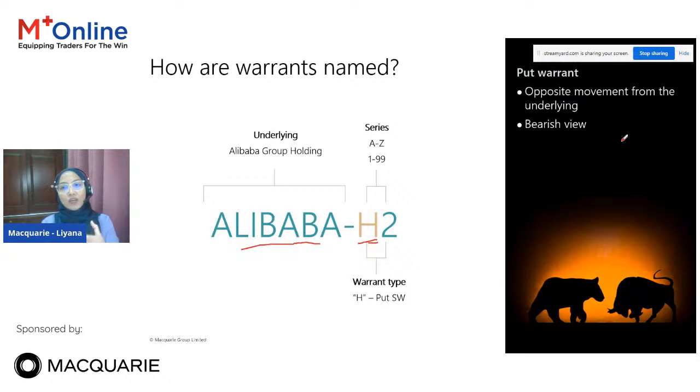Jadi this is why put warrant ada dekat Bursa Malaysia, so that bila market tengah jatuh ataupun sesuatu syarikat tersebut tengah jatuh, okay, so you can make profit whenever market is bad, kan? Because bila mak dia jatuh, so harga warrant tersebut akan naik. Okay, so the opposite. So these are the explanation about call and put warrant.